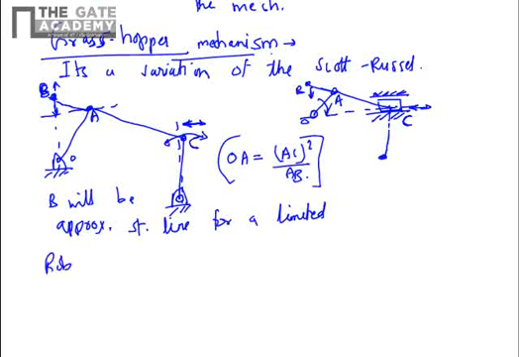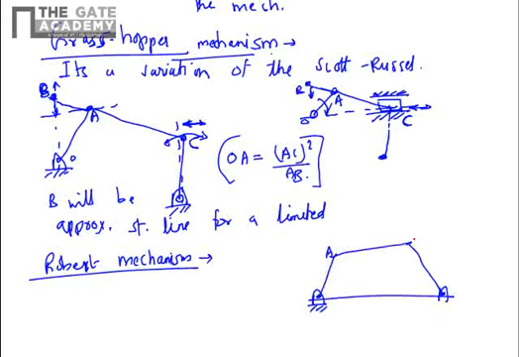The third category is the Roberts mechanism, which is nothing but a simple 4-bar chain, OABCD. In this, the special condition satisfied is OA is equal to BC. Only this condition needs to be satisfied. These links need not be equal in length, so this need not be a parallelogram mechanism.